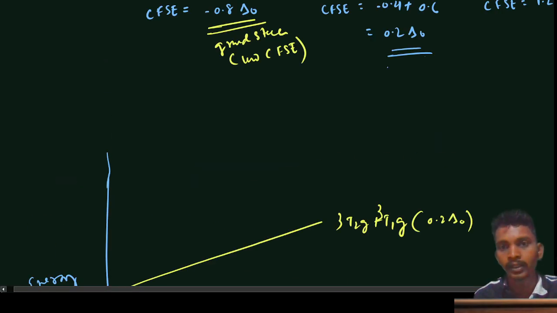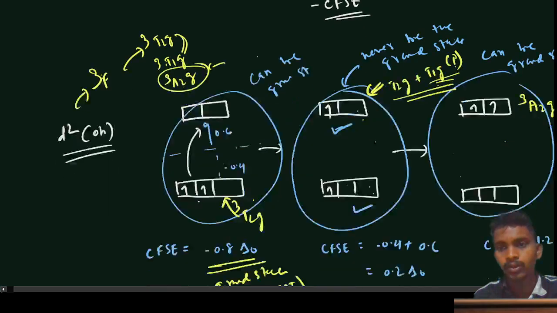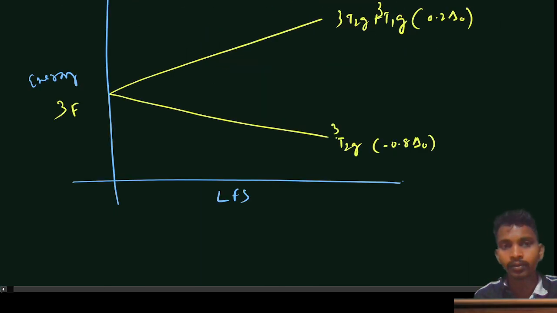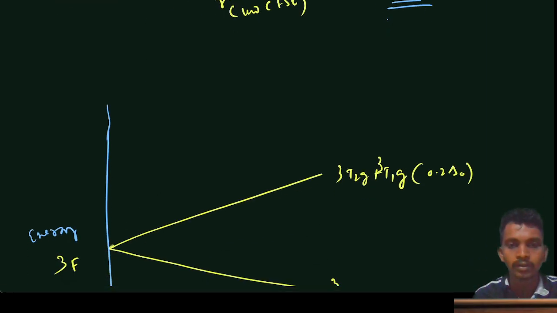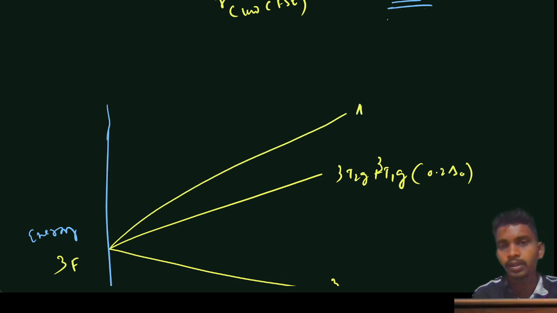And another is A2g, whose value is 1.2 delta naught.